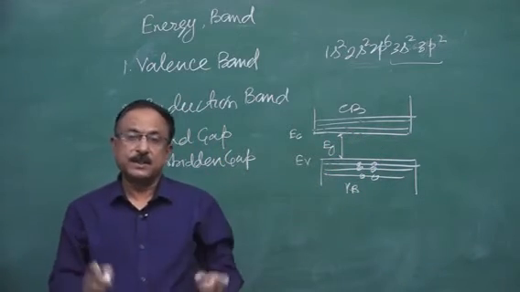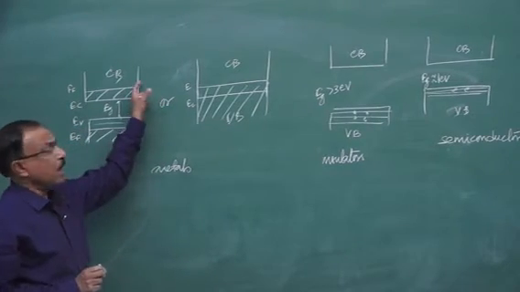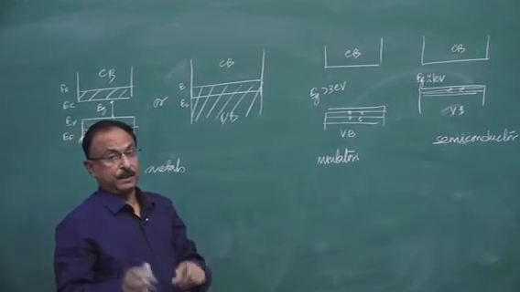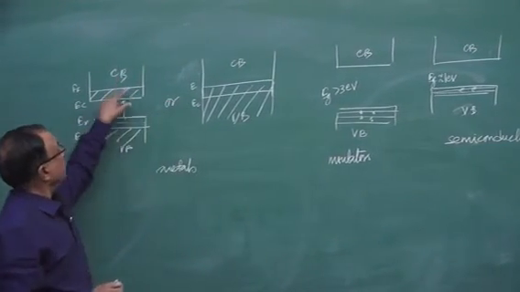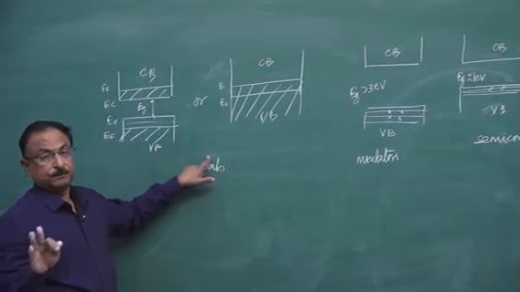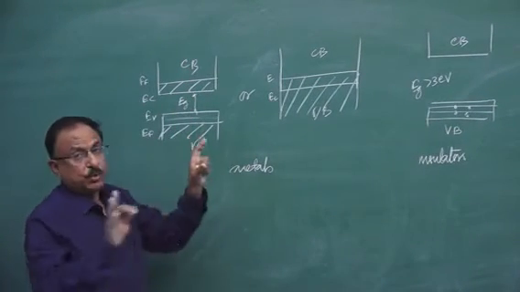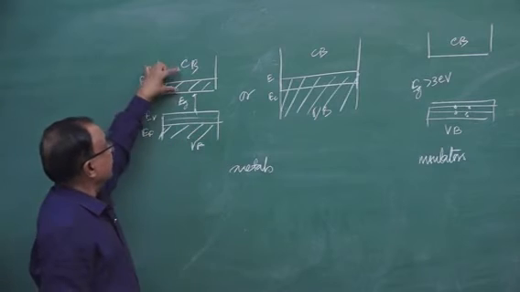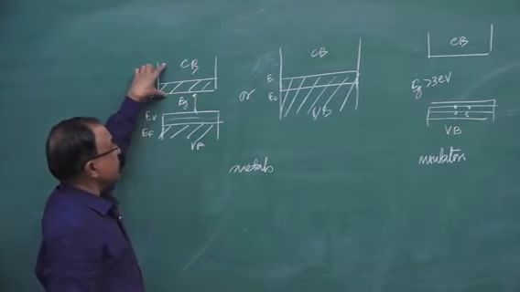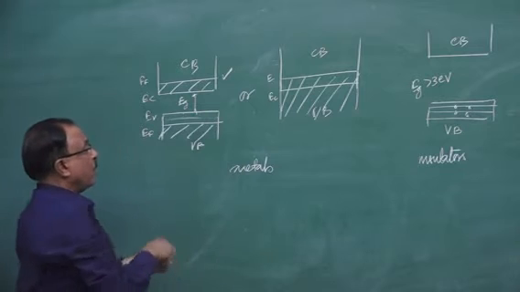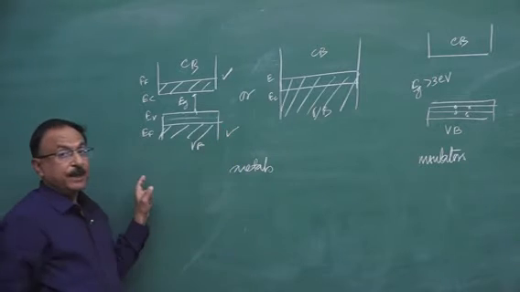Now on the basis of this energy, let us see how the energy levels are arranged in the conductor, insulator and semiconductor. In the conductor, in the metals, which are very good conductors of electricity, two cases may be possible. In the one, the conduction band is partially filled like this, or the valence band is partially empty.